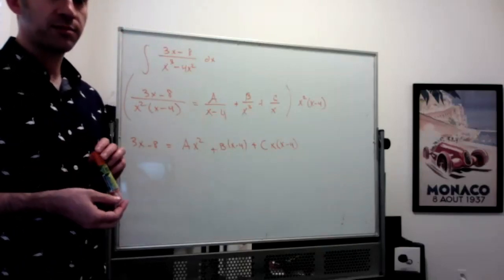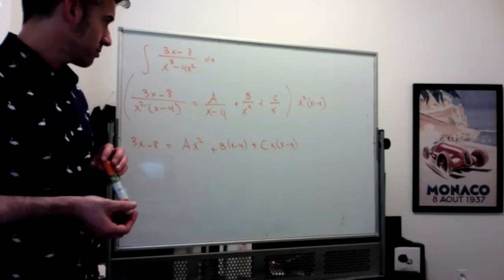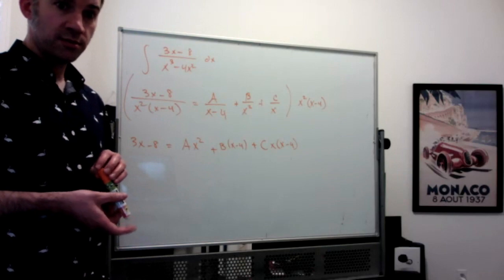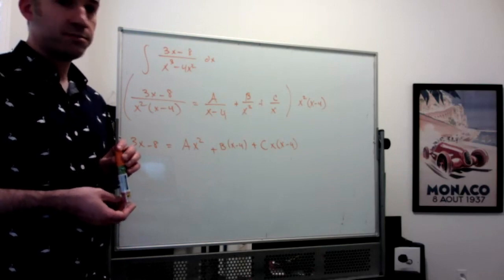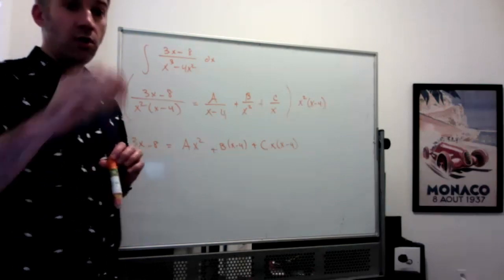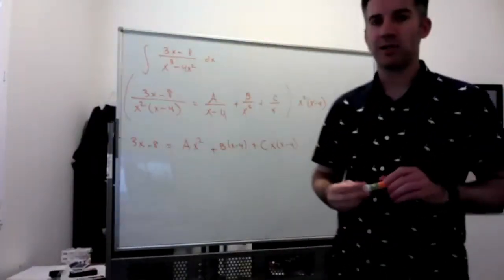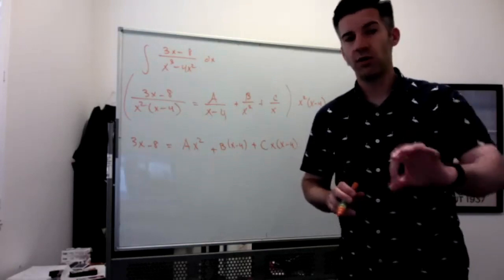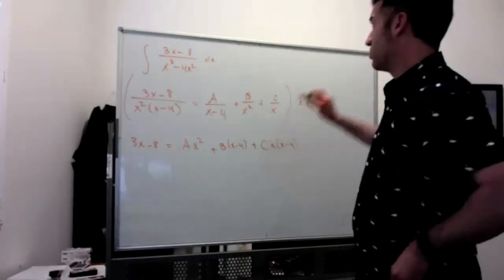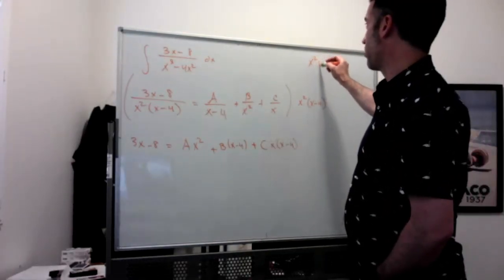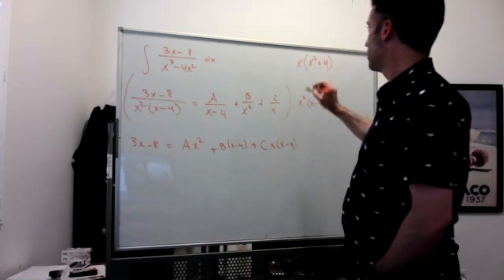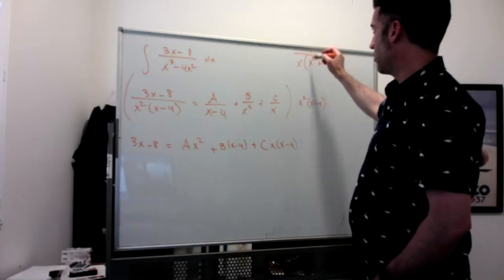Yes, James. So my concern was about the x squared term. Wouldn't we want to add a bx since x squared is not linear? No. So x squared is linear. It's just tricky. What you're talking about is kind of the next case, which is when you have a factor like x squared plus 4.